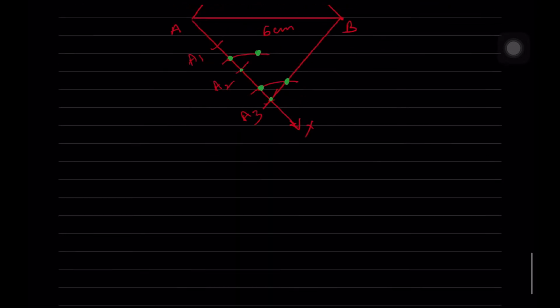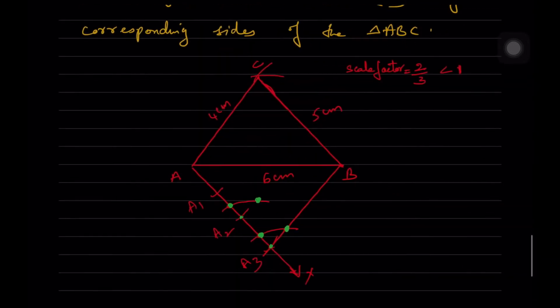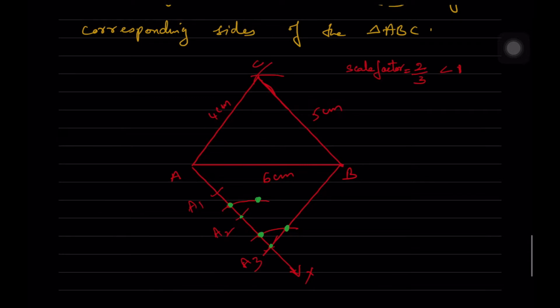After putting it, now you can just join it from A, passing it through this green line. You can draw a line in this way. So now these two lines will become parallel, that is A3 and A2. We'll name this as B dash.